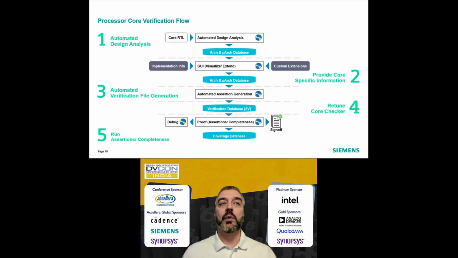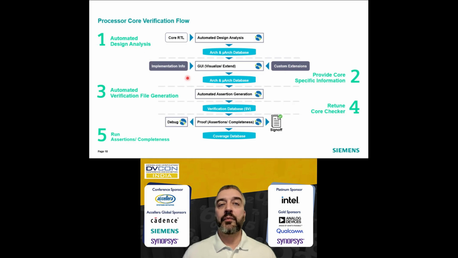Now the overall flow looks like this. You fire up a design analysis engine, we'll see that in a moment. You get all the data aggregated inside a GUI where you can then make edits. Of course, you can also do this fully scripted from the command line: adding your custom extensions, adding whatever implementation info was not extracted by the design analysis.